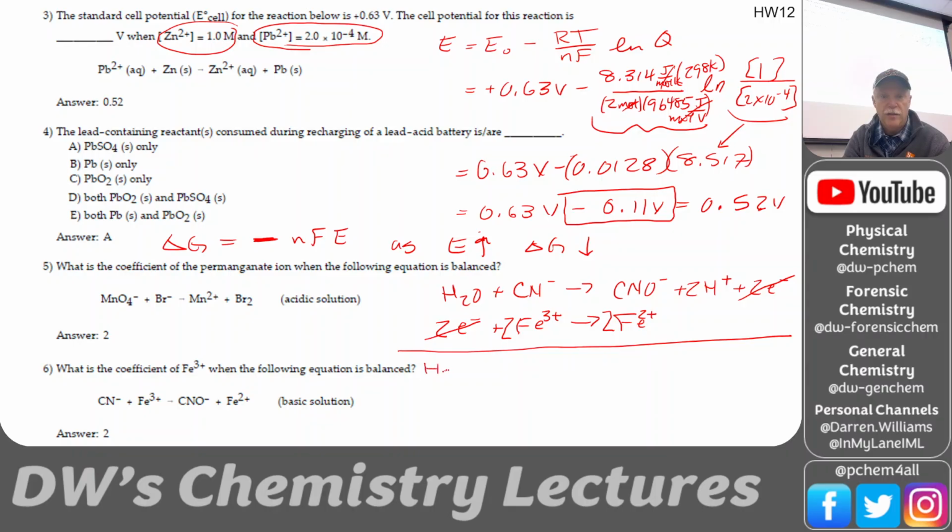And so then we have H2O plus CN minus plus 2 Fe3 plus is CNO minus plus 2H plus plus 2 Fe2 plus. Just barely fit it in there.